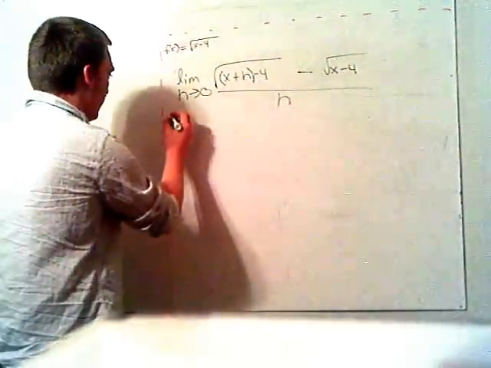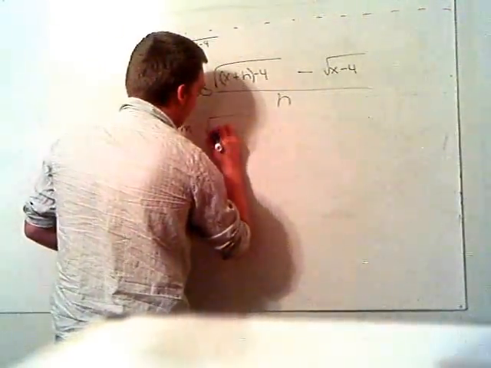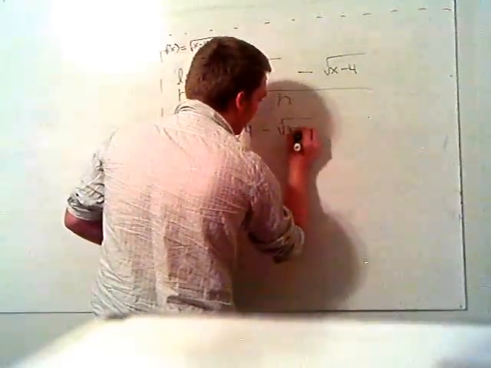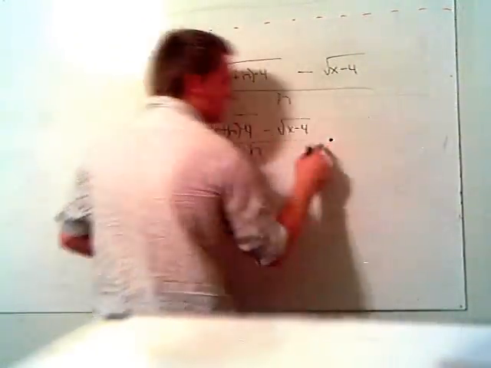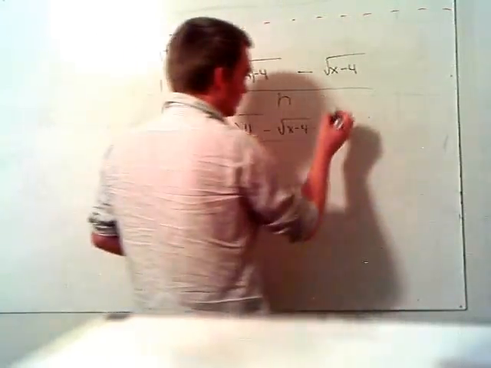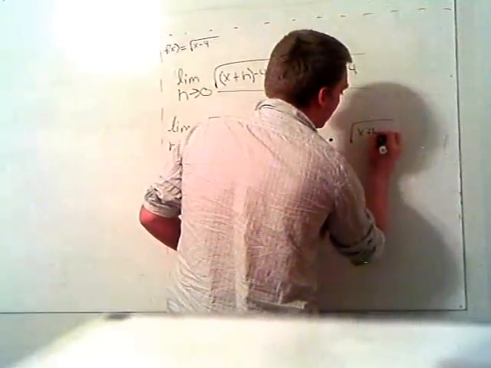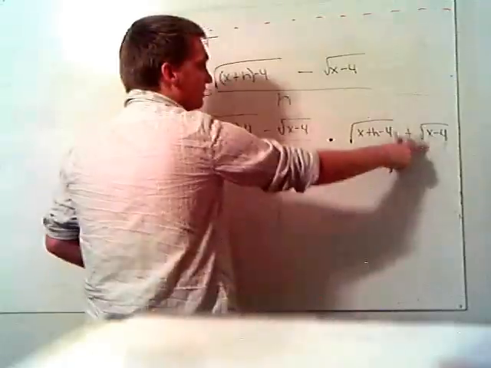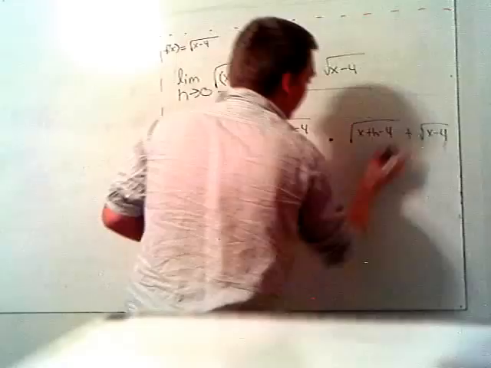We multiply the top and bottom, numerator and denominator, and what we get is the limit as h goes to 0 of the square root of x plus h minus 4 minus the square root of x minus 4, all over h, times, and I use a little dot for my multiplication because of dot product and cross product and I'm just used to it, the square root of x plus h minus 4 plus the square root of x minus 4.